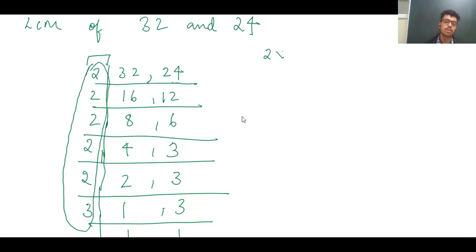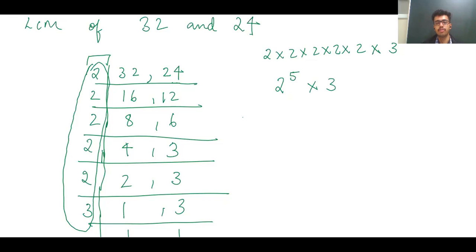So 2 into 2 into 2 into 2 into 2, that is basically 2 five times, that is 2 to the power 5. 2 to the power 5 means 2 five times, so 1 2 3 4 5. So instead of writing the whole thing, I just write it as 2 to the power 5 into 3.